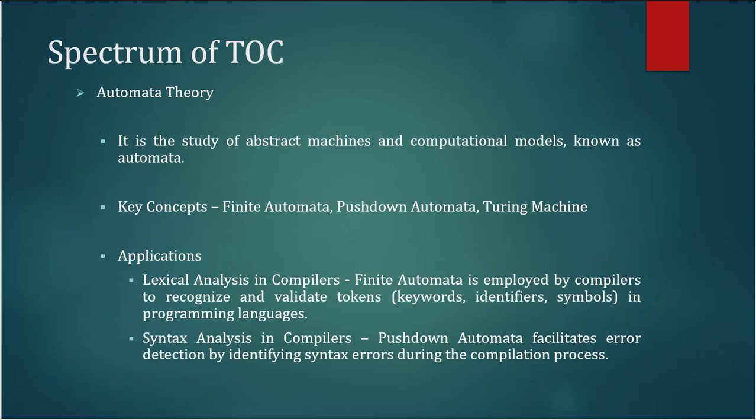We all know that in this phase, compilers recognize and validate tokens such as keywords, identifiers, and symbols of a programming language using finite automata. Similarly, another model of computation called push-down automata is used for the detection of syntax errors in a program. We will study these models of computation in the upcoming lectures.